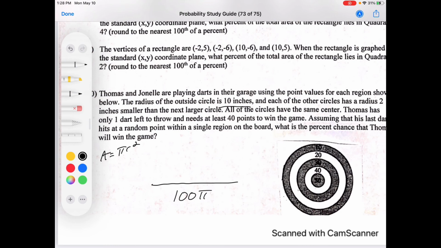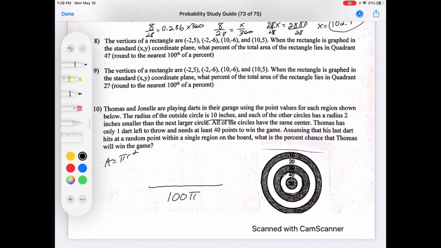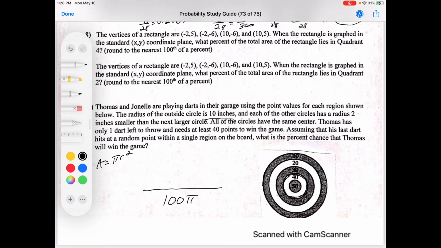So now let's find the area of this circle. Okay. If you'll notice, it says each of the other circles has a radius 2 inches smaller than the next larger one. And so if the big circle is 10, that's a radius of 10, then this would be a radius of 8. And this would be 6.